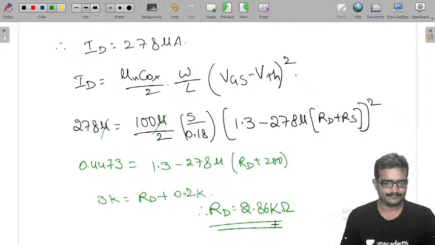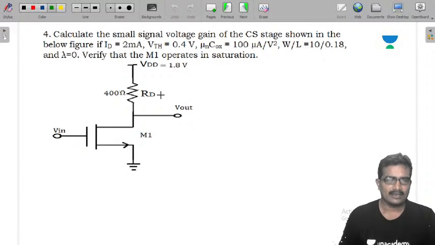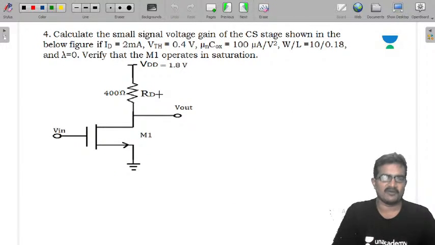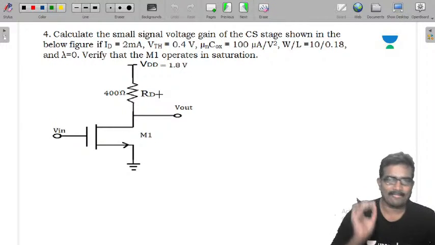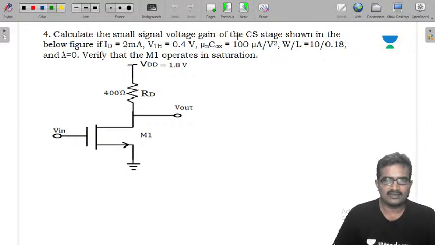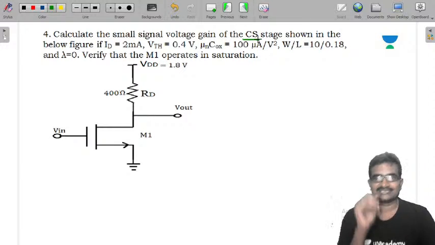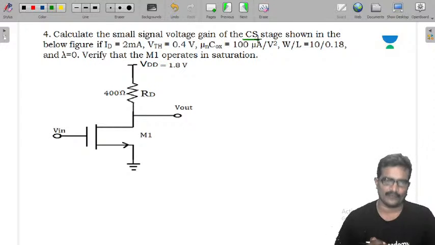So next one. Now calculate the small signal voltage gain of the common source stage shown in the below figure.